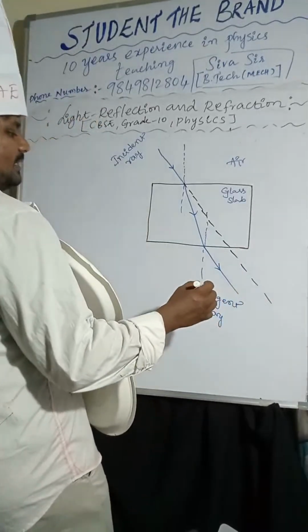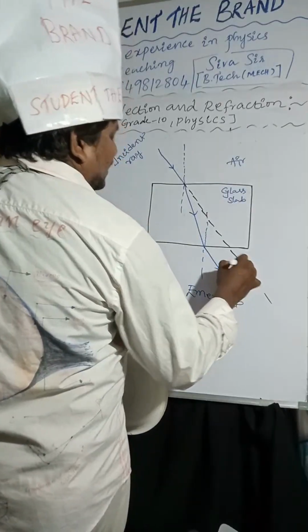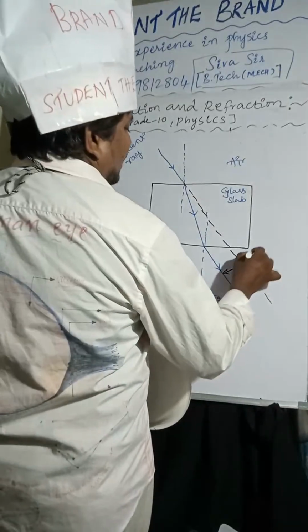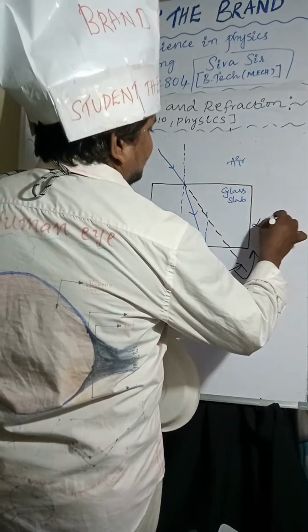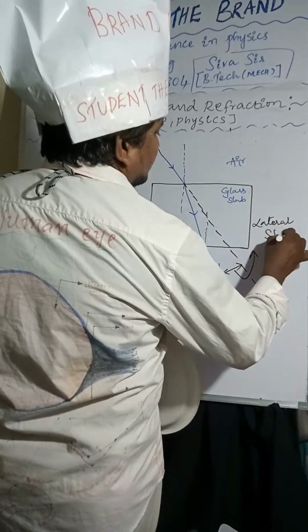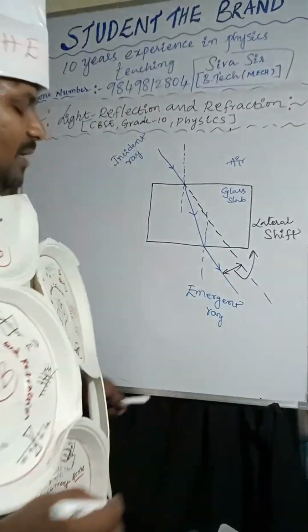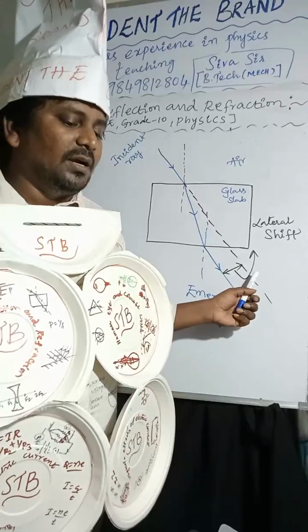So the distance between the emergent ray and the extended incident ray is called lateral shift. Lateral shift. The distance between the emergent ray and the initial direction of the incident ray is called lateral shift.